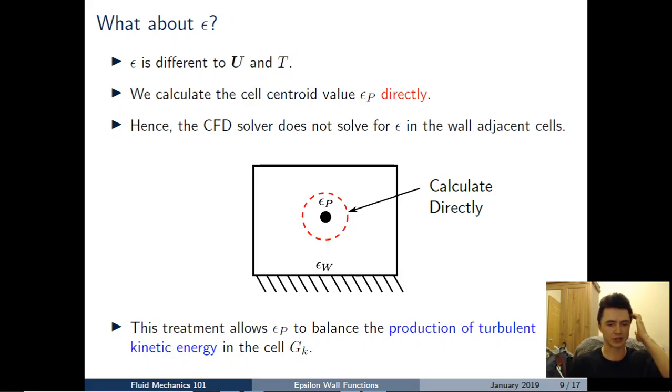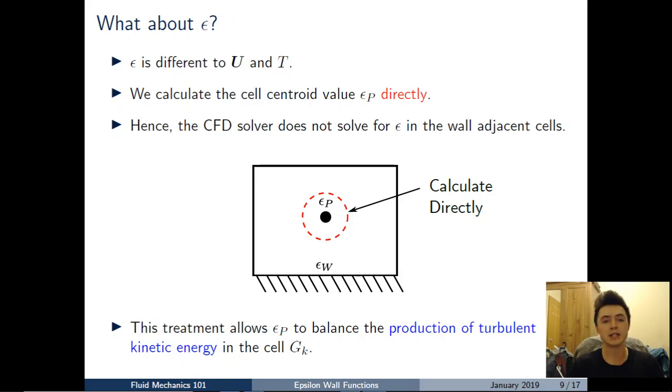That means the CFD code doesn't actually solve the Navier-Stokes and turbulent scalar equations in the wall adjacent cells, because we assign those values directly using wall functions. So the matrices will have to be resized for the epsilon equation, and we calculate that value epsilon p directly using our wall function. It's a completely different approach to velocity and temperature.